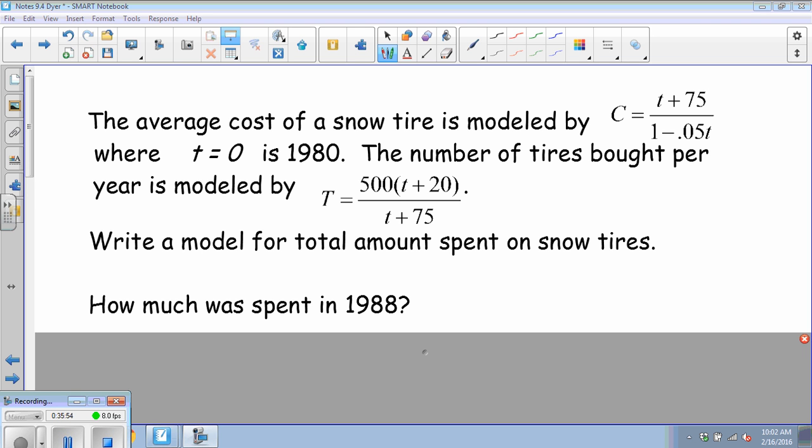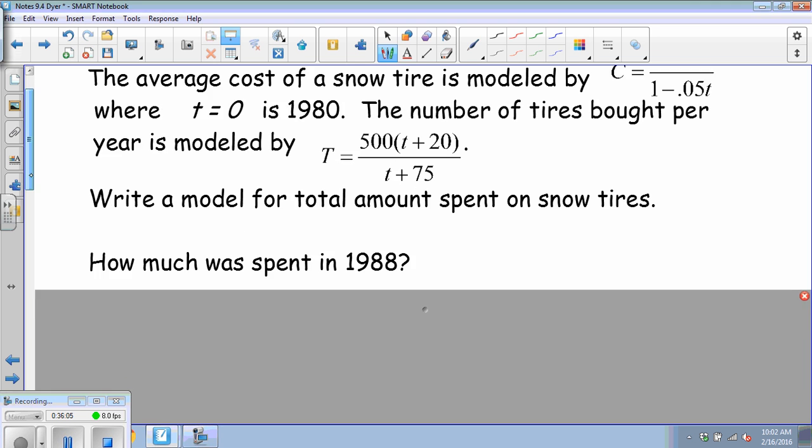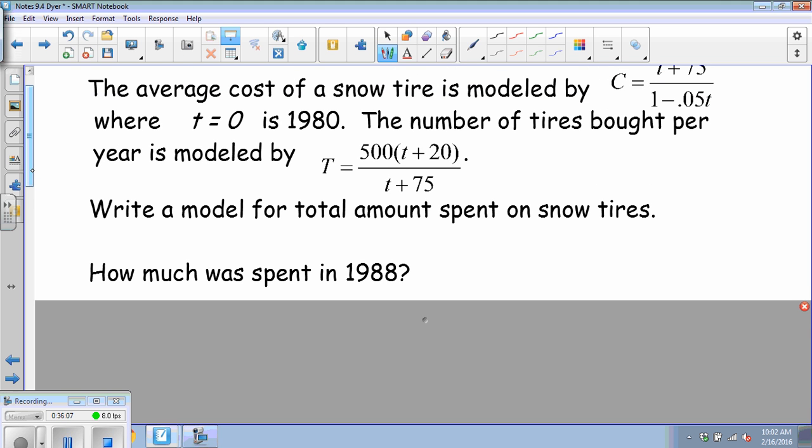This is going to be the same thing, except that they tell us that the cost of the tire is this, and the number of tires they bought was this. So to write a model for the total cost, you would take C and multiply it times T. Now, they already gave you this stuff in factored form.